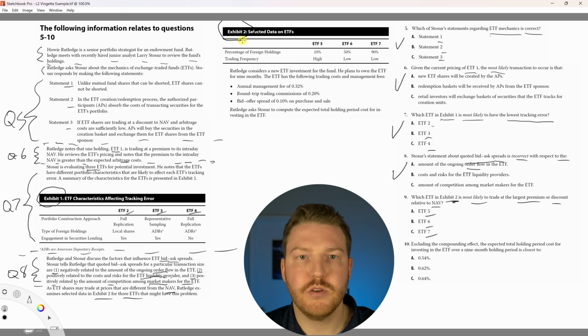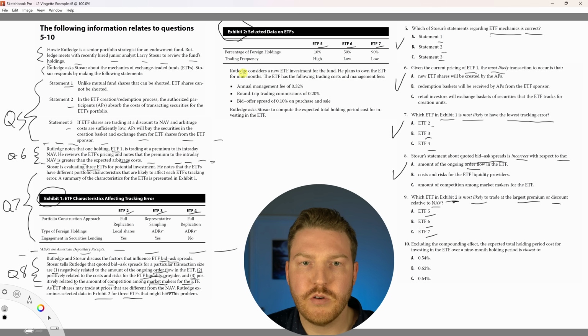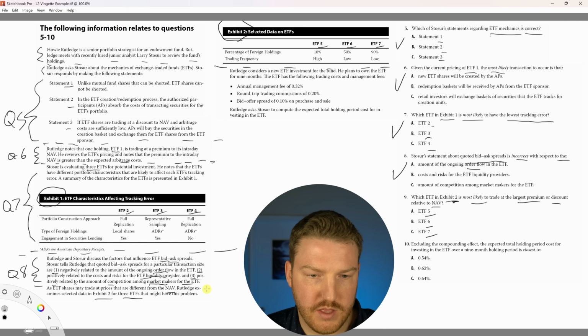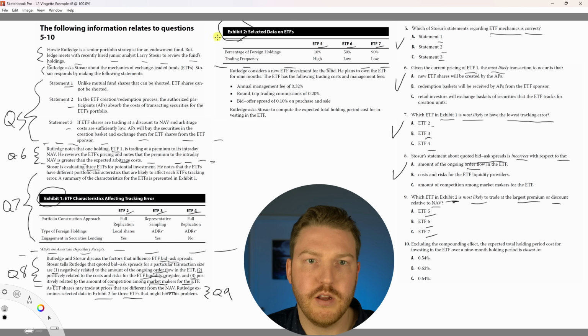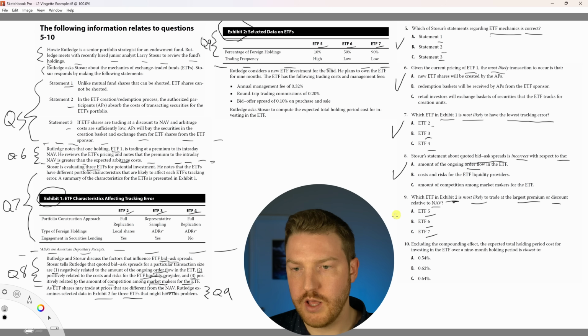So we see Exhibit 2, then we have ETF 5, 6, and 7. And then let's go down. This guy considers a new ETF investment for the fund. He plans to own it. So this is like a new ETF. I don't think it has anything to do with those. So I'm going to draw a line here. And I'm going to assume that all I need to know to answer question 9 might be this little information right here. So I'll do question 9 there. And then this table here. That's all I'm going to consider as I try to answer this.